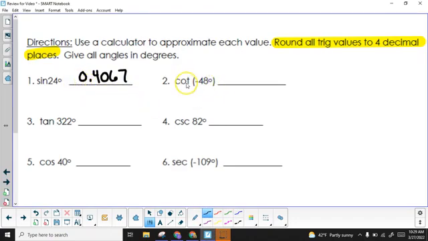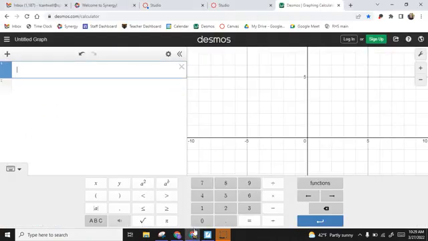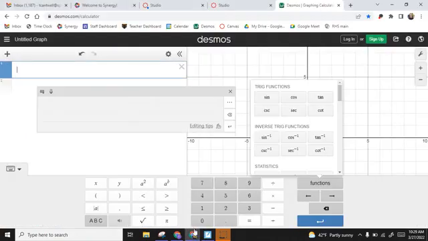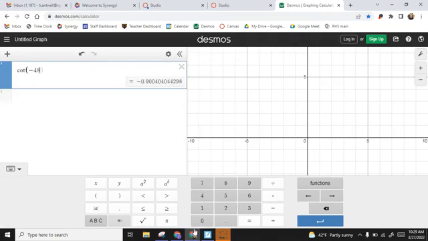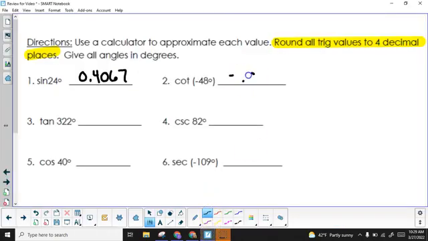That's up to you. For the cotangent of negative 48 degrees, again, you can either type or use the function button. Cotangent negative 48, and we get negative 0.9004. We do the same for the other values.